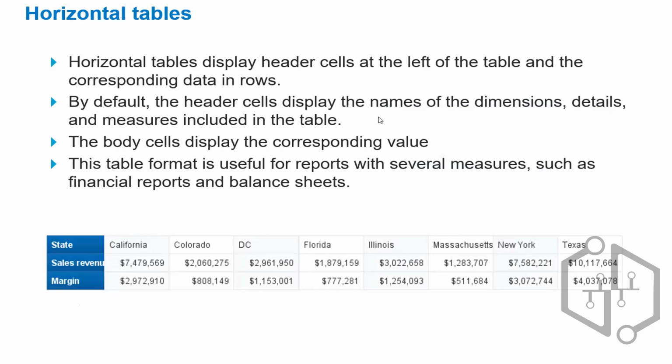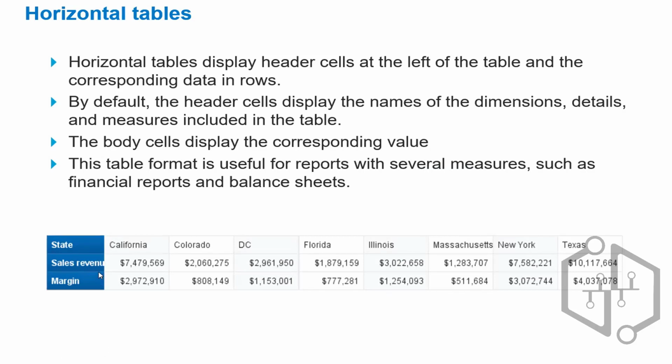By default, the header cells display the names of the dimensions, details, and measures included in the table. The body cell displays the corresponding value. This table format is useful for reports with several measures such as financial reports and balance sheets. This is useful when we have a list of measure key figures.